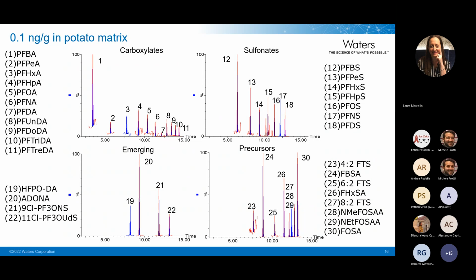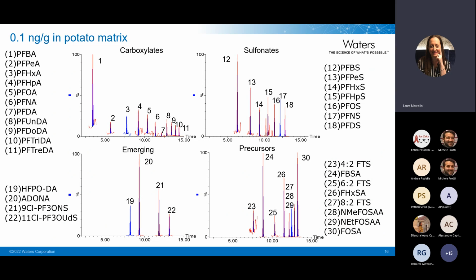For this reason, if the FDA takes into account just 16 PFAS, we have already developed a method for other matrices, and we start to include more PFAS in this kind of study. We can divide them into 4 classes: carboxylates, sulfonates, emerging, and precursors. And we evaluated the recovery and the accuracy in quantitation, taking into account these 4 classes of PFAS.